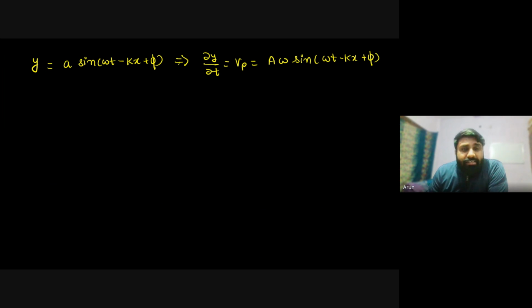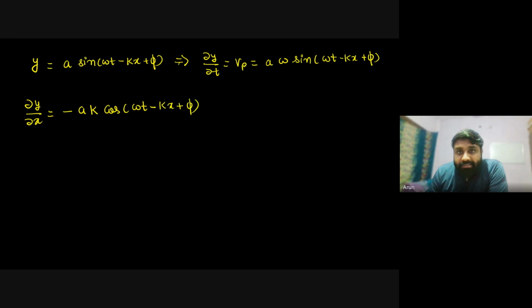If I differentiate this function y with respect to x, but partially, what will I get? Del y by del x is equal to minus a k, this is small a, times cos omega t minus kx plus phi.